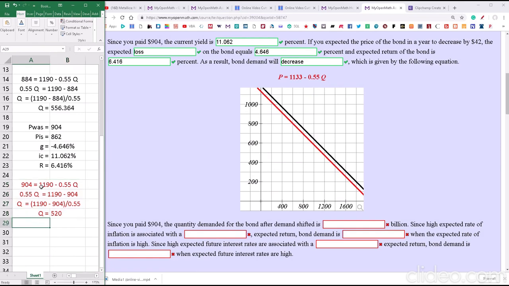Okay, so the price is 904. The demand curve has the same slope, but what's different here? The intercept is 1133. So wherever I see 1190, I'm going to replace it with 1133.